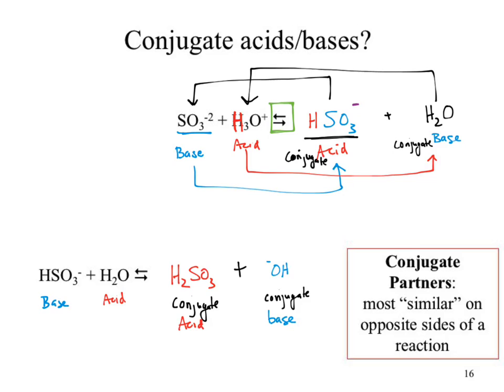What does SO3 minus have? It's a negative charge. What is a negative charge? Electrons. That species has electrons. Because it has electrons, it can act as a base. What did you all say it had?